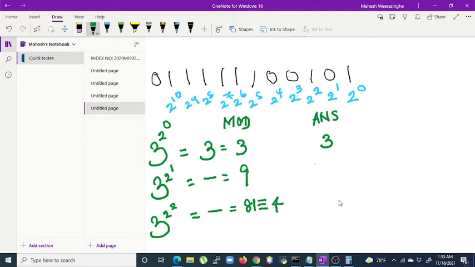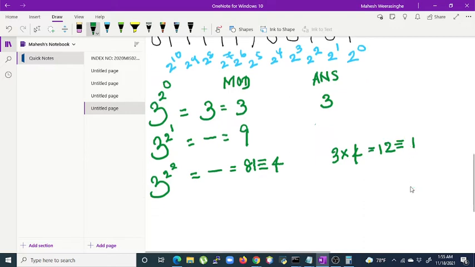It's 4, and our 2 to the power 2 field is 1. So this value goes to the answer. Then we multiply the previous value by the current value. Now it's 12, but the mod value will be 1, because when I divide 12 by 11, the remainder is 1. Now I'm going to tell you why I'm not squaring the actual value, and instead I'm squaring the mod value.